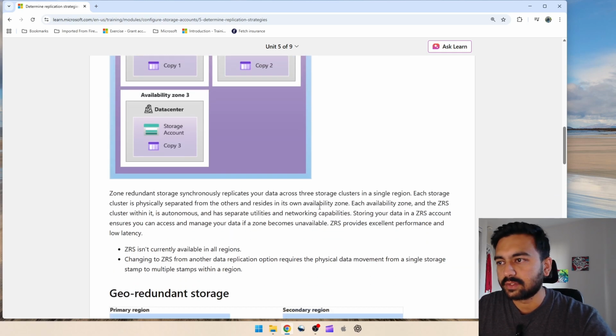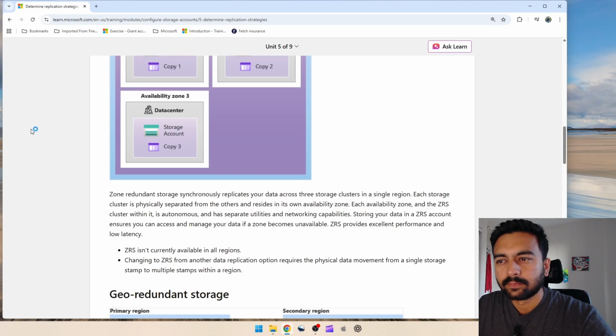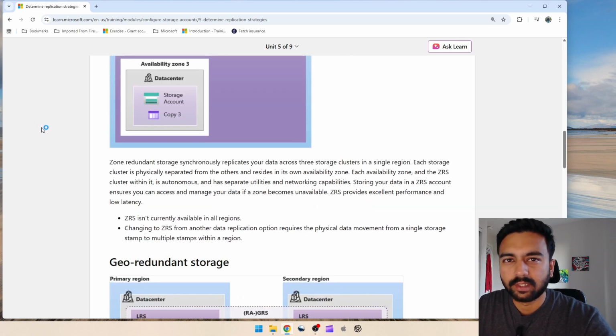In cases of outages, they all get their own separate utilities and separate networking capabilities. So you have multiple backups. Even if two data centers go down for some reason, you always have the third copy. It's rare.